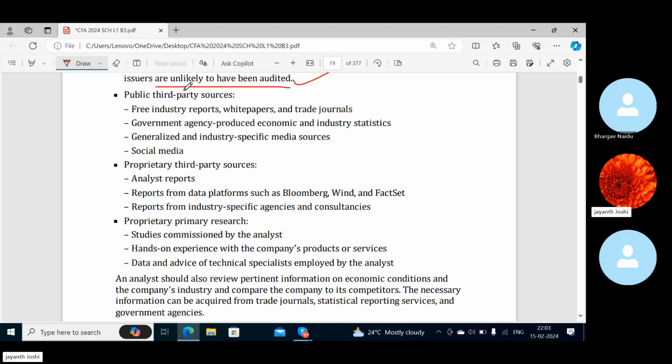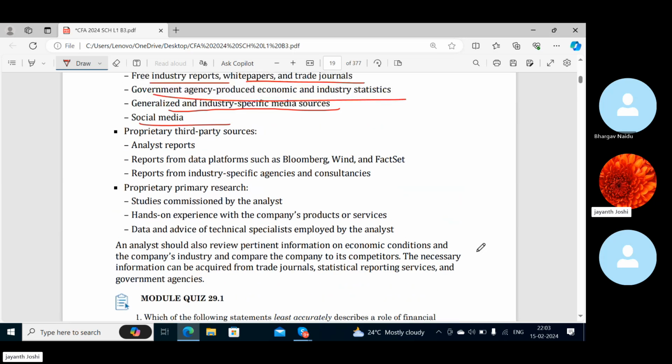Then public third party sources: free industry reports, white papers, trade journals, government related reports, generalized and industry specific media resources, social media. And then come proprietary third party sources, analyst reports like Bloomberg, FactSet. These are the ones who have done very thorough research about companies' performance.